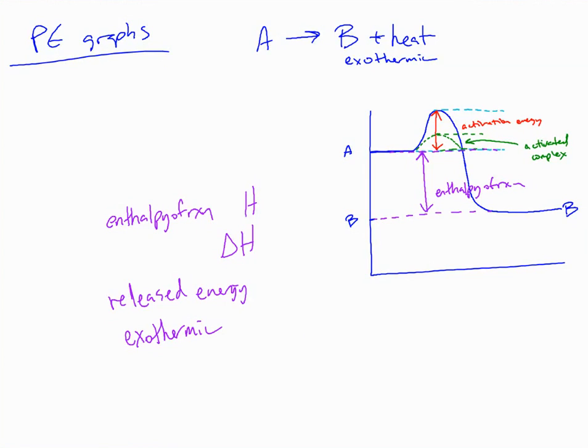Negative, because it's starting here and it's going down. And so, yeah, exothermic, our delta H is negative. The enthalpy of reaction is from potential energy to negative potential energy.